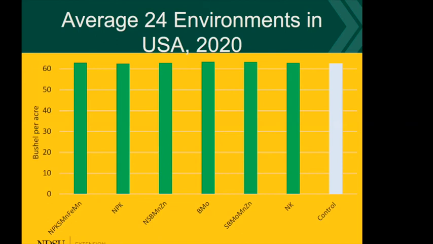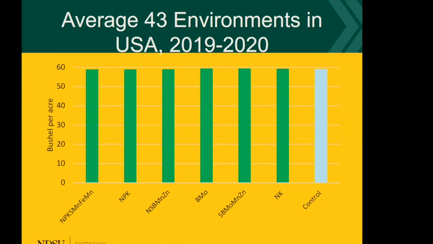We're talking about 24 environments, same product, same protocol, no significant difference. And when we are looking at 2020, between 2019 and 2020, I combined 43 environments, same thing, no significant difference. We have to realize that this is data on random fields, not necessarily selected for lack of nutrients.